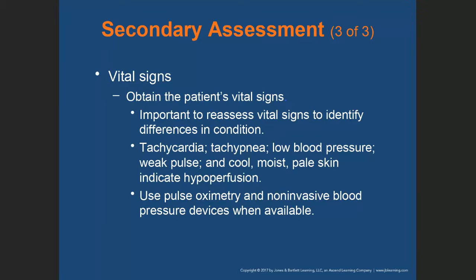Use pulse oximetry and non-invasive blood pressure devices when available. If you're using digital equipment, ensure that the patient presentation matches the equipment. We do not treat equipment, we treat the patient.